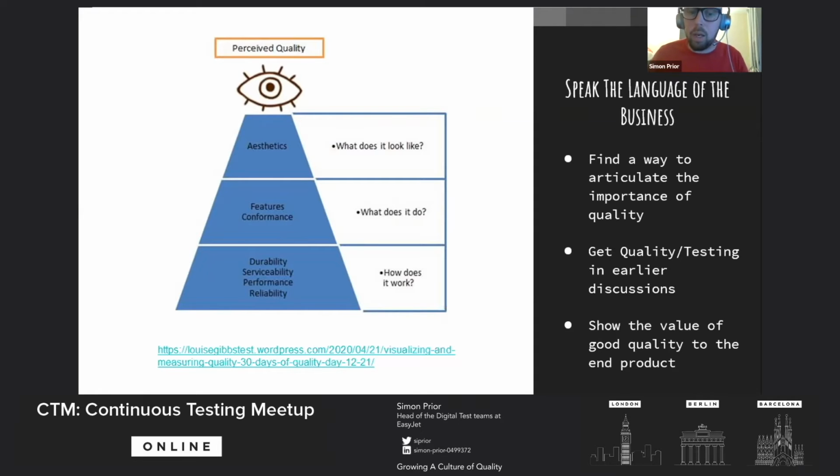Is it going to work well enough that they're going to be able to go through the booking funnel without any particular problems? How can we ensure that that conversion rate is as high as possible from people that view the website to people that book flights? And it's just making sure that you've got those words in place for how the business needs to understand quality.